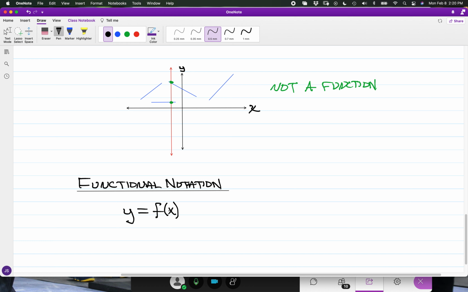In the case of y is equal to f of x, x is the input or independent variable. Then y is going to be the output or the dependent variable.